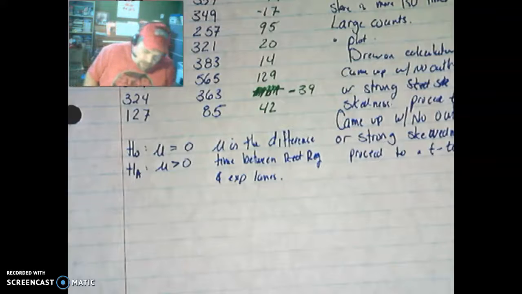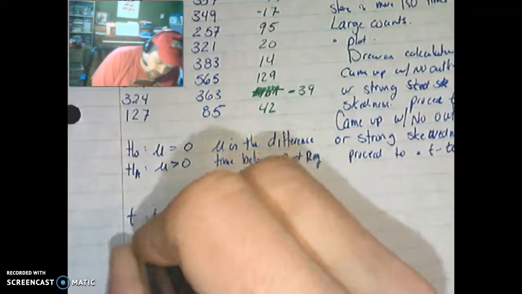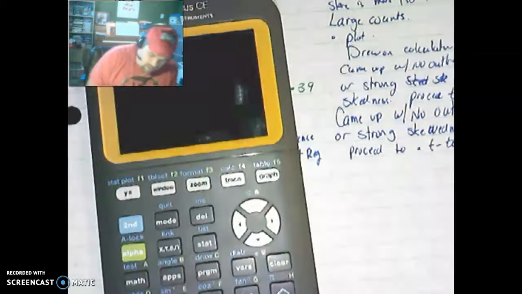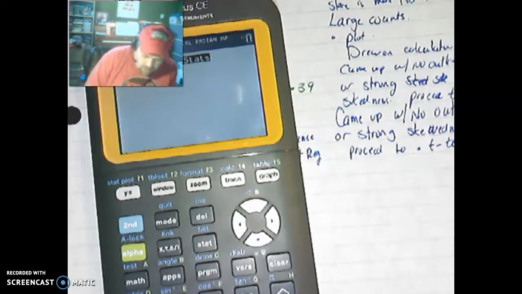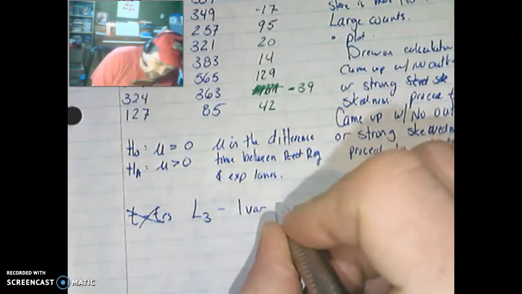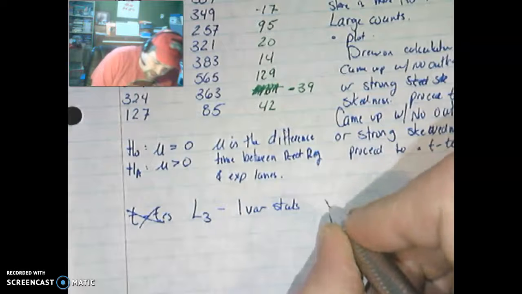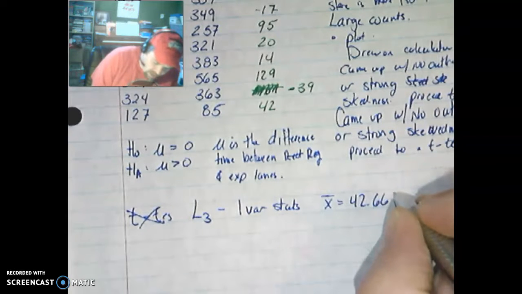Alright, so we're going to do the 5%, so I'm going to go to my t-test. But before I do that, I just remembered that I don't have my data, so I need to go to my 1-Var Stats. I need it from L3. So now, L3, 1-Var Stats, I have an x bar of 42.667.